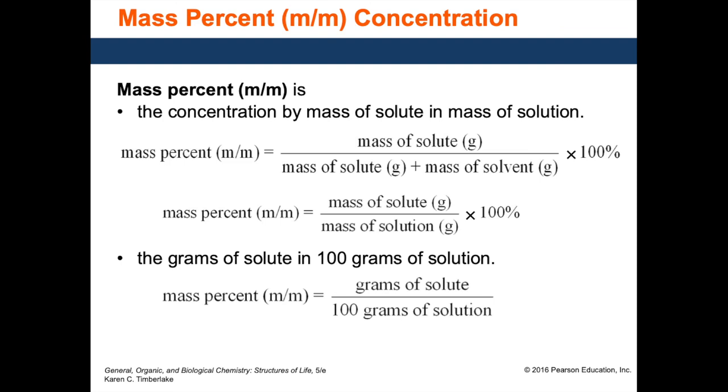So probably the simplest one, which again you may have seen before, is just a percentage by mass. It's the mass of solute over the mass of solution times 100%. Okay, so this is written as mass percentage or sometimes just percentage m/m. That just reminds you that your solute is given in terms of mass, and your solution is also given in terms of mass.